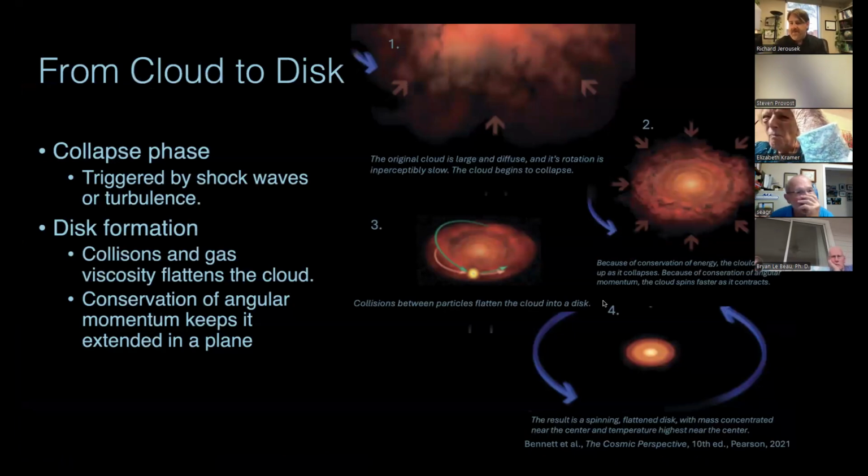So first there was a collapse phase. You could imagine a clump of gas and dust that's somehow jostled around. The usual idea is a shock wave from a nearby supernova, the explosion of a massive star, or some sort of turbulence in the gas, causes it to begin to collapse gravitationally, right?